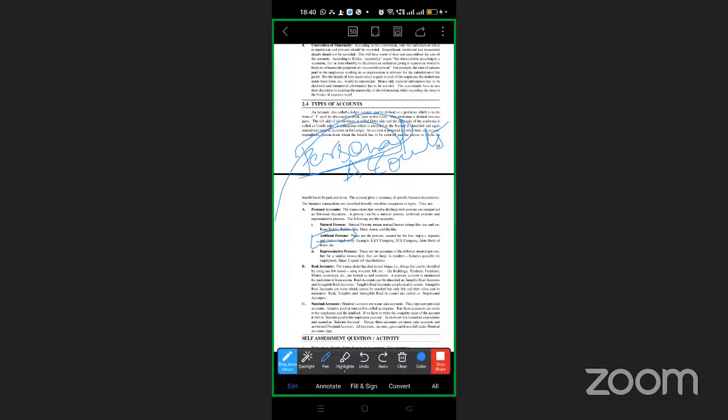Artificial means they have been created by law and registered, like the TCS company, State Bank of India, L&T company. These are names of artificial persons, meaning names of institutions or companies, and they also come under personal account.